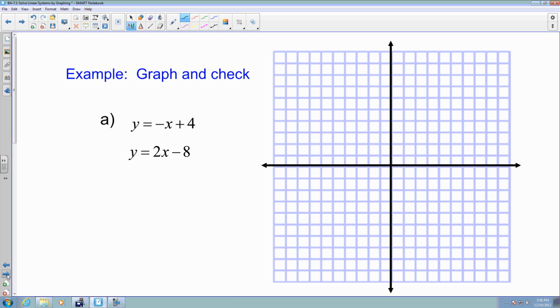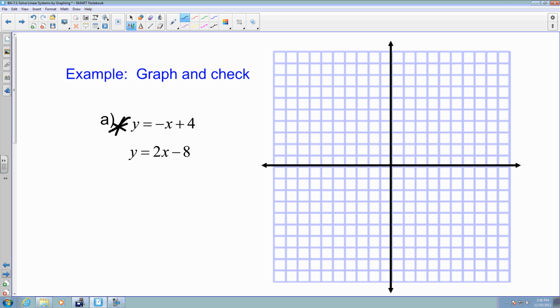If we were to graph this, it goes back to what we learned when we were dealing with slope-intercept form. We have our y-intercept and we have our slope. So we're going to use those same methods to help us find where the line is and create an intersection point. Let's look at the first equation right here. I have y equals negative x plus 4.